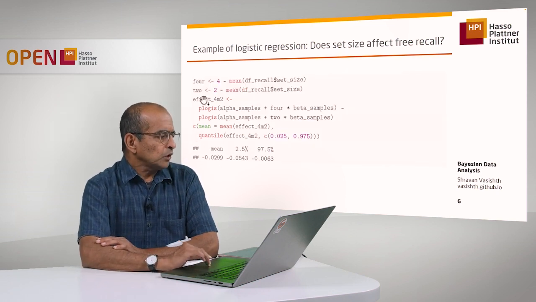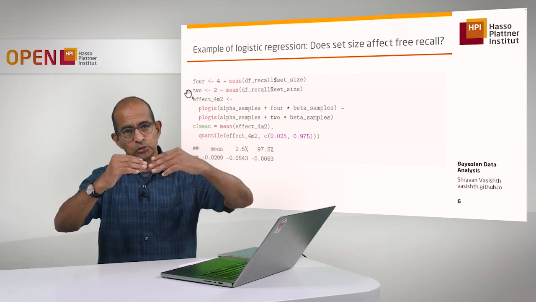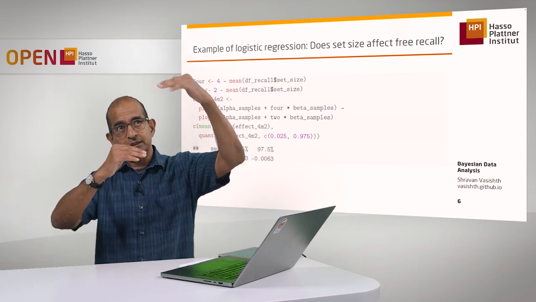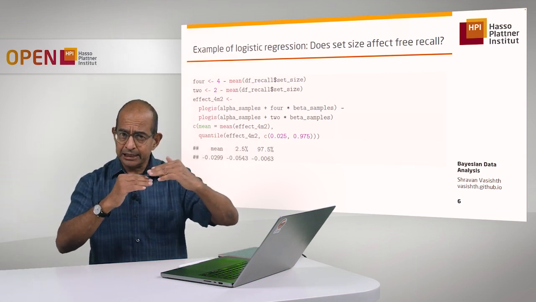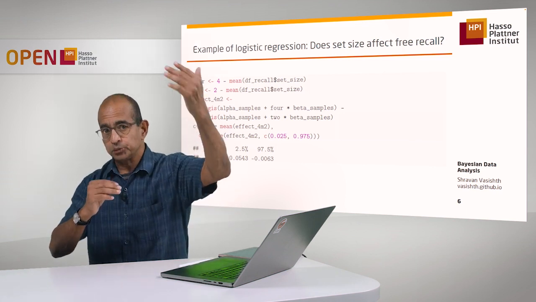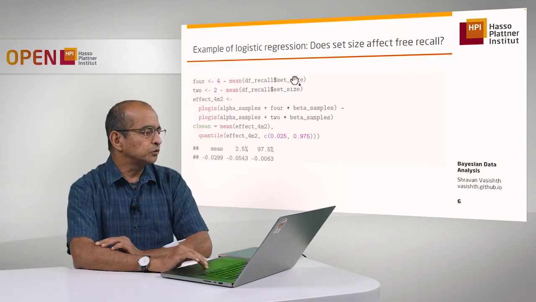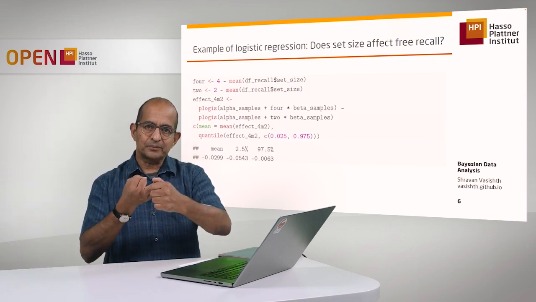So that's what this is showing you now. Okay, you can also compute, in the experiment we had set size 2, set size 4, set size 6, set size 8. So you could ask questions like, what is the change in accuracy when you go from set size 2 to 4? Or 4 to 6, or 6 to 8, right? All that can be now computed because all I need is the alpha samples, the beta samples, right?